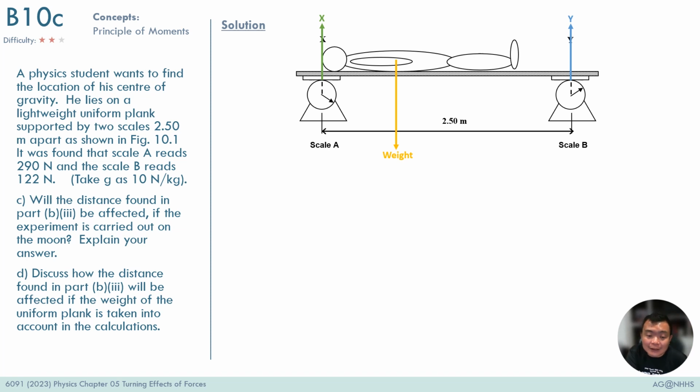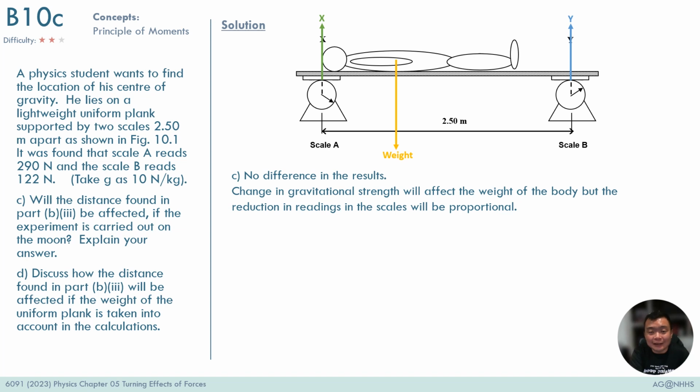In part C, you are asked if the distance found previously will be different if you conduct this experiment on the moon. The answer is no, there's no difference in the result. This is similar to the MCQ question previously, so do watch that video if you need help with this. The gravitational field strength does not affect the application of POM.